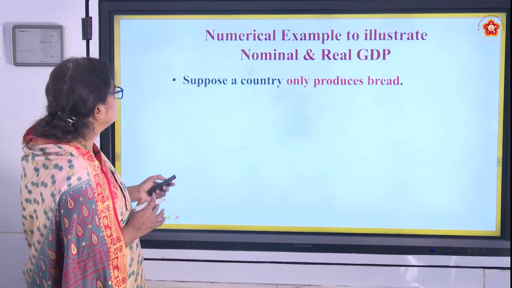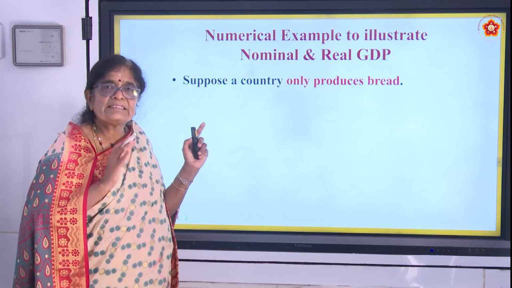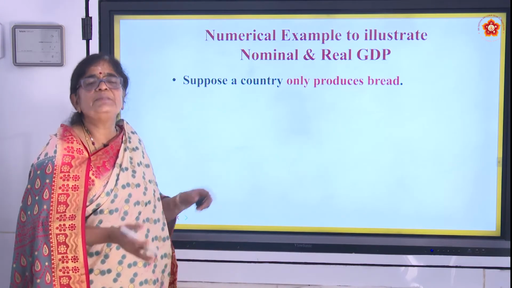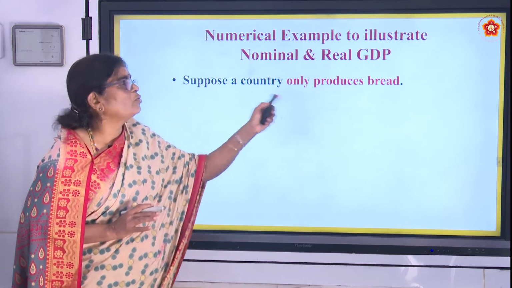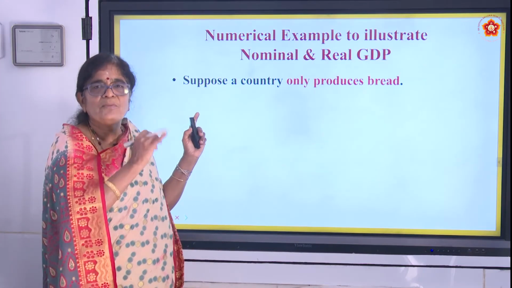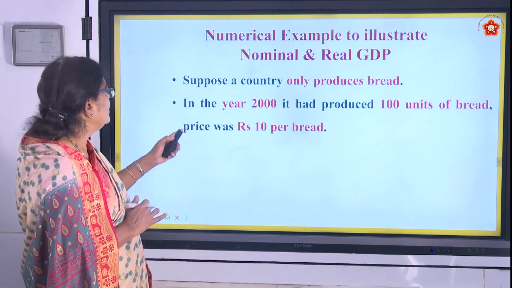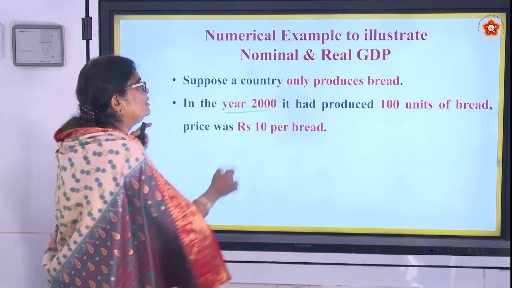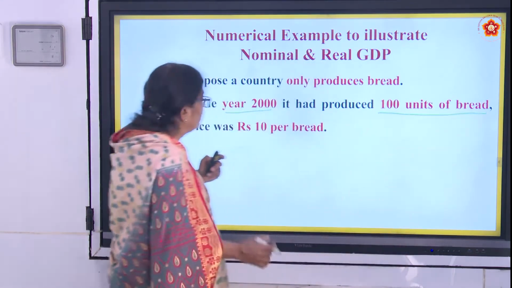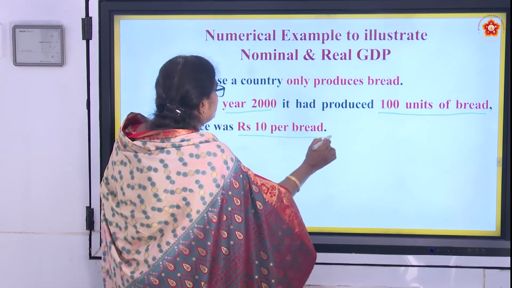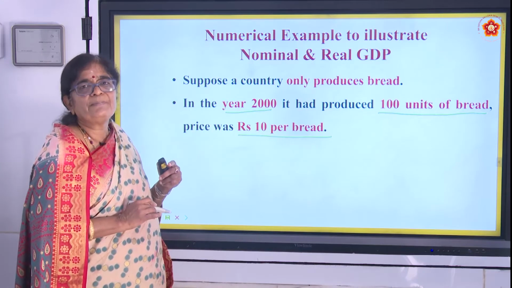Now we'll see an exact example for real GDP and nominal GDP. Suppose a country produces only bread, just a simple commodity for a simplified GDP calculation. In the year 2000, they produced 100 units of bread, and the price was rupees 10 per bread.